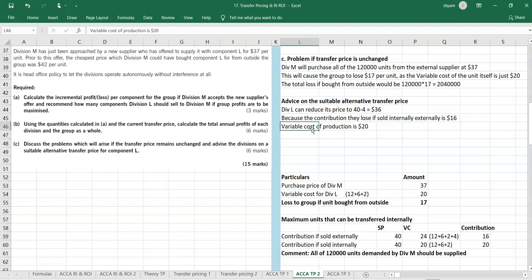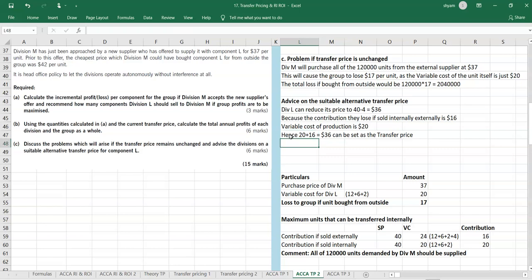The cost of production itself is 20. So totally, hence, 20 plus 16 equals $36. This is another way of finding out. Okay, $36 can be set as the transfer price here.